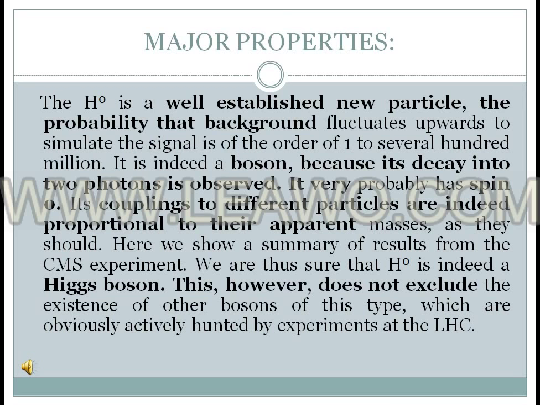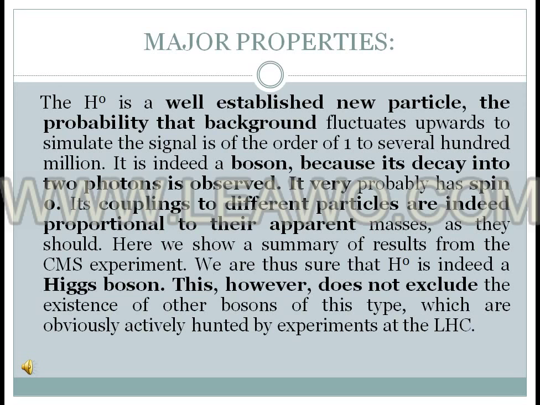Now let us understand the major properties of the Higgs boson. The Higgs boson is a well-established new particle. The probability that background fluctuates upward to simulate the signal is of the order 1 to 700 million. It is indeed a boson because its decay into 2 photons is observed. It very probably has a spin 0. Its couplings to different particles are indeed proportional to their apparent masses, as they should.